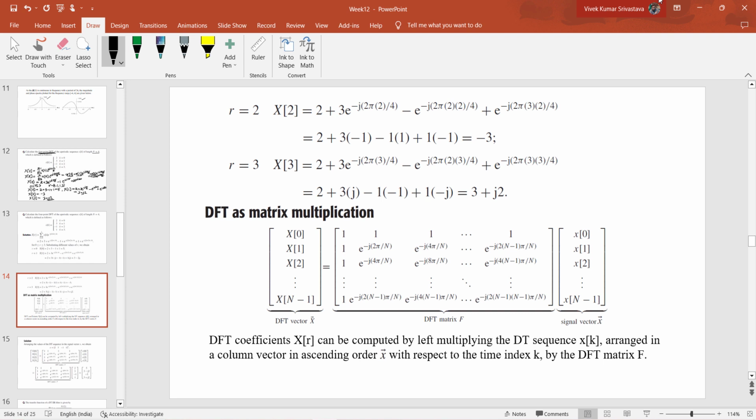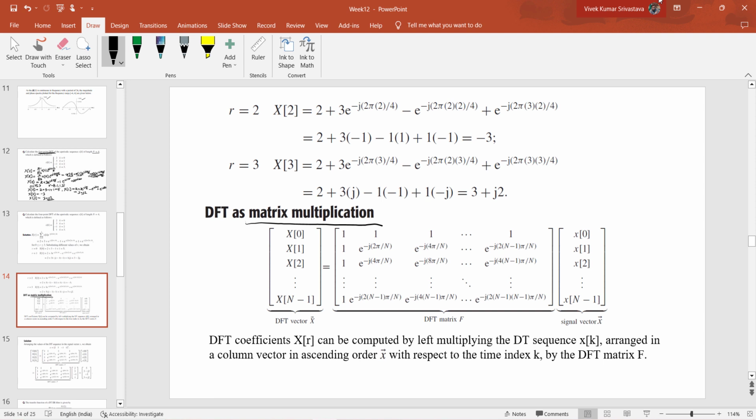Now we will solve the same problem by using an alternative method, which is the matrix multiplication method. This method comes after the simplification of the same formula that we have seen.